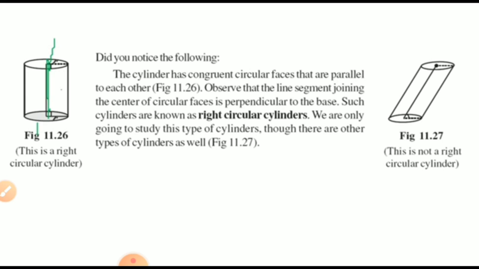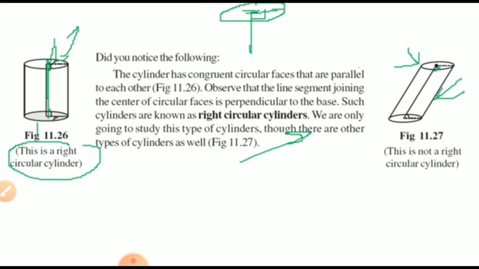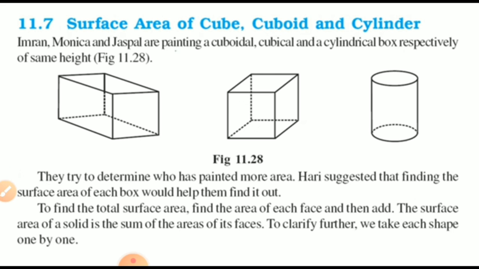Whenever you find it slanted, then it is not a right circular cylinder. That time the formula cannot work. We should find out how much liquid such a shape can contain. Isn't it? Yes, liquid or things we can store in these types of cylindrical boxes.